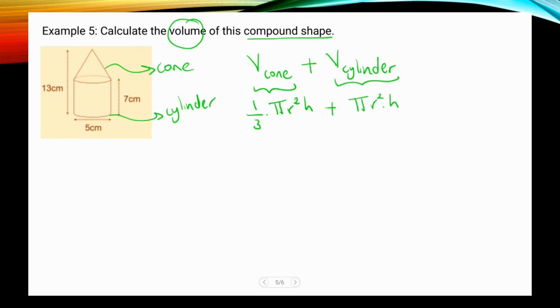Then let's see if we know the values of r and h. r is half of the diameter. Diameter is 5, and r is half of it, which is 2.5 cm. And this h is the height of the cone, and the height of the cone is that distance.